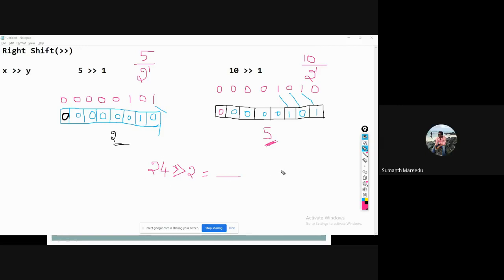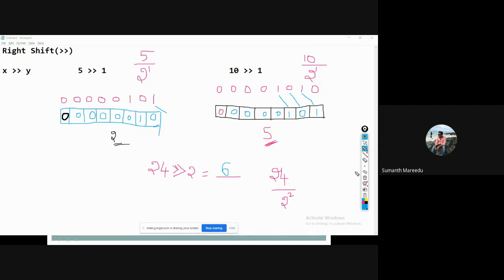It is 24 divided by 2 square, which is 6. When you apply right shift by 2 positions, you will get 6.